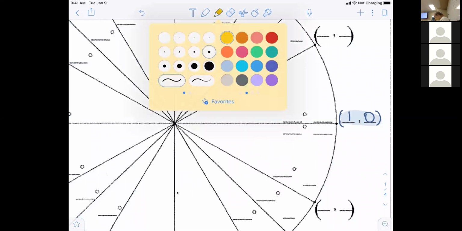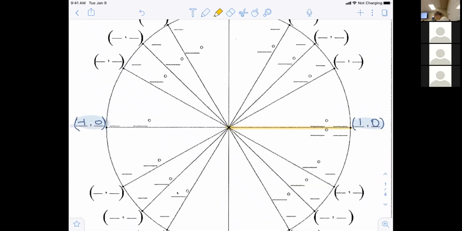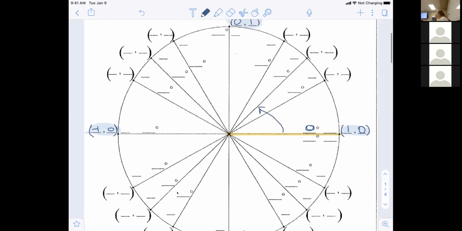All of my angles will have one of their sides on the positive x-axis. So we're always starting here. And then our angles are going to move counterclockwise from there. If I'm starting on that yellow line, that positive x-axis, that's where my 0 degrees is going to be.